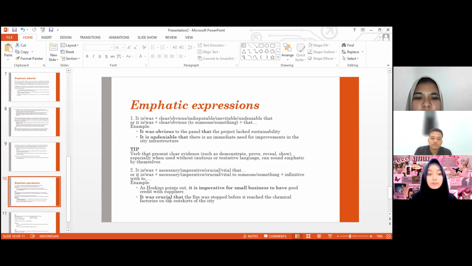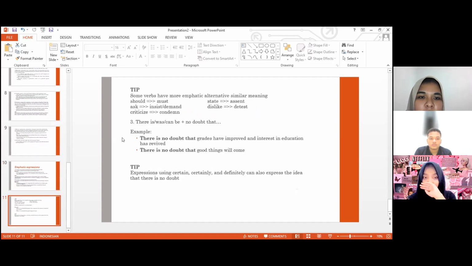And it was crucial that the fire was stopped before it reached the chemical factories on the outskirts of the city. And the tip is some verbs have more emphatic alternatives with similar meaning, such as to insist, to demand, to criticize, to condemn, to state, to assert, and to dislike, to detest.